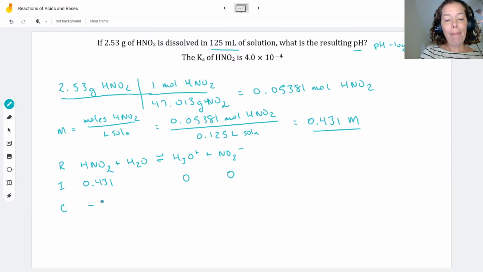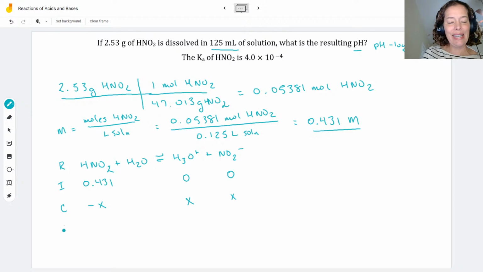So I'm going to say minus X. However, based on stoichiometry, remember, these are all 1-to-1 ratios, which is fabulous. That means if I'm going to use up X here on the reactant side, I am going to form X amount on the product side for both my hydronium and my nitrite. Now remember, we're after pH, so we're really after this concentration of hydronium ion. Okay, that is my consumed row, but we haven't finished spelling rice yet.